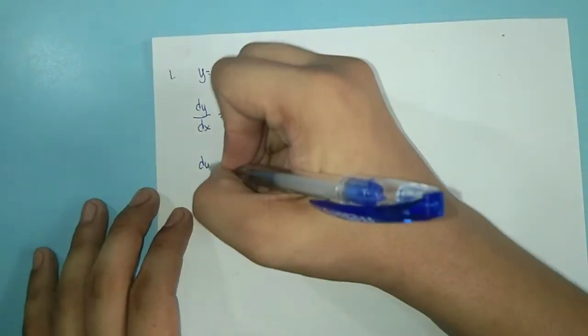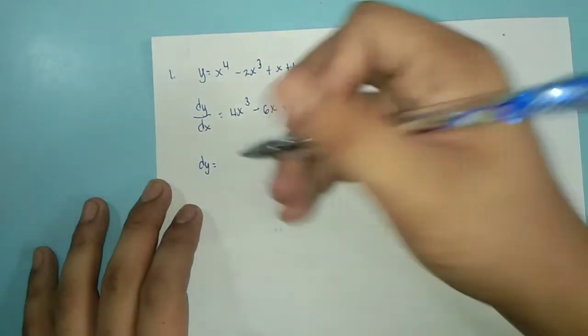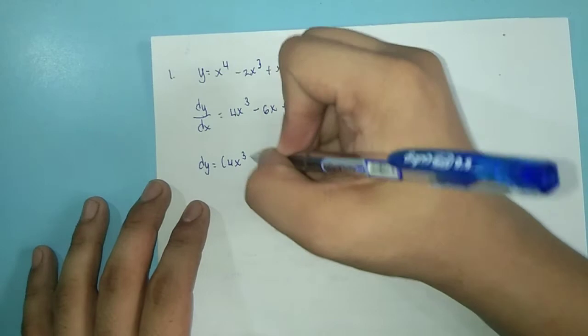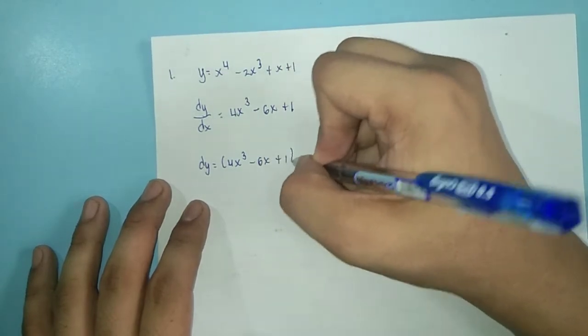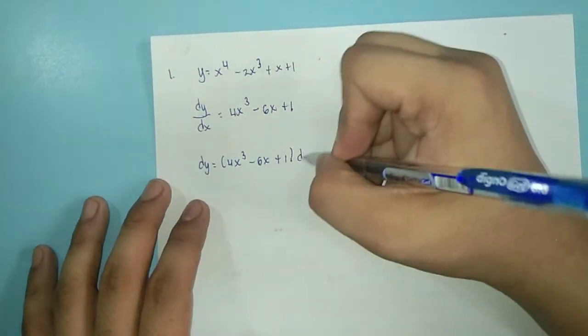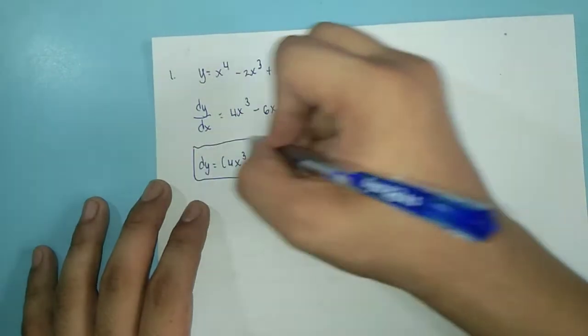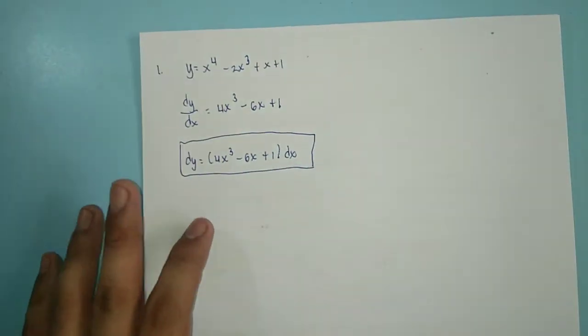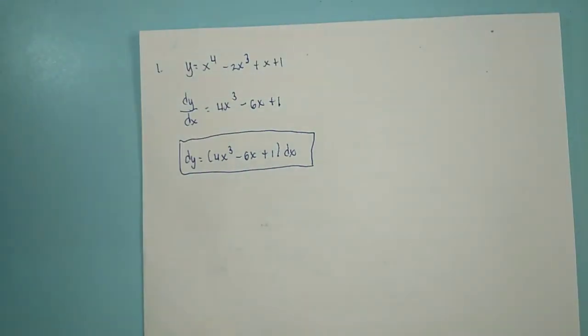So yun yung magiging differential ng y. Ganun lang siya kasimple. Kung yung derivative ay rate of change, yung differential niya, siya mismo yung change in y, yung approximation of change in y.